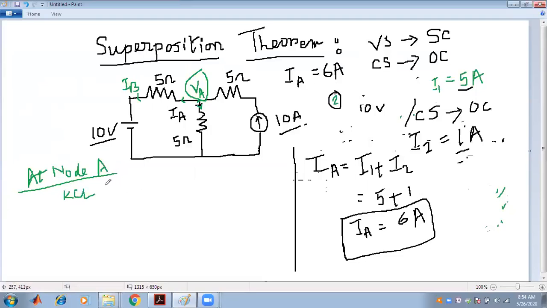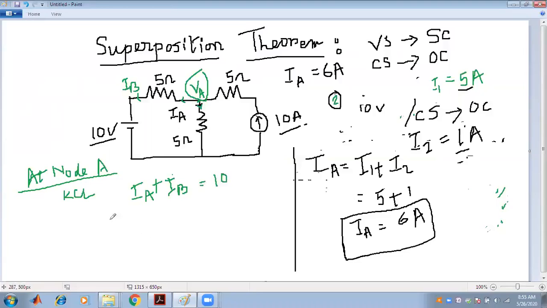Applying KCL at node A, we get IA, that is leaving the node, plus IB, the current leaving the node, equal to the current entering node A, which is 10 ampere.